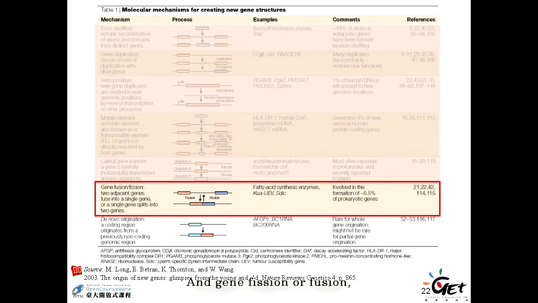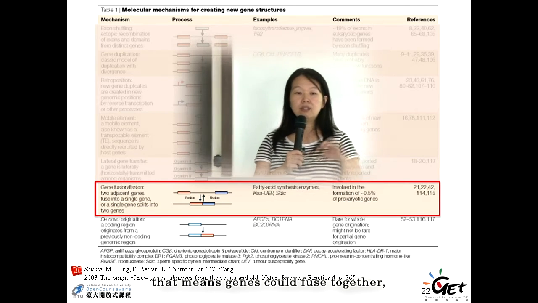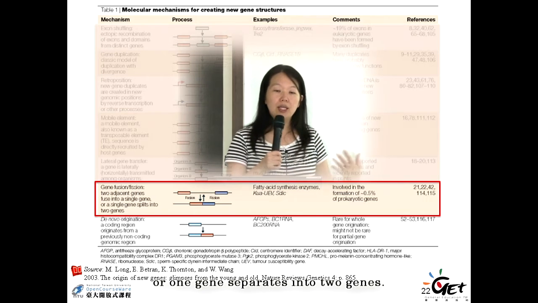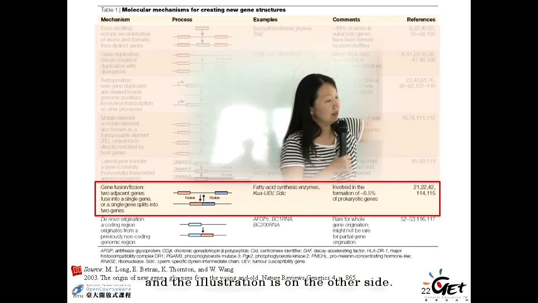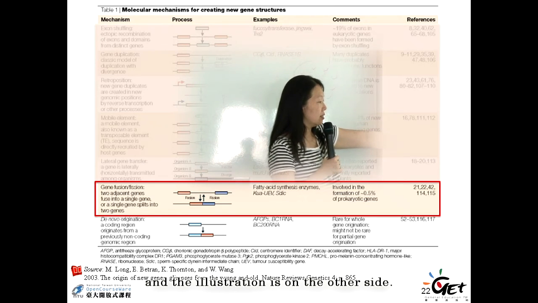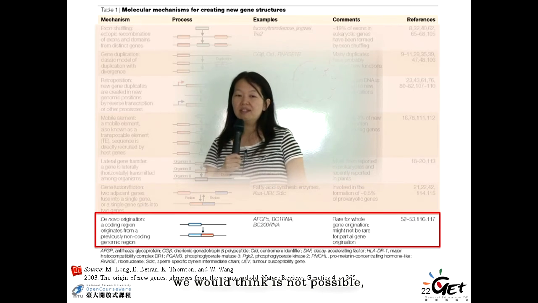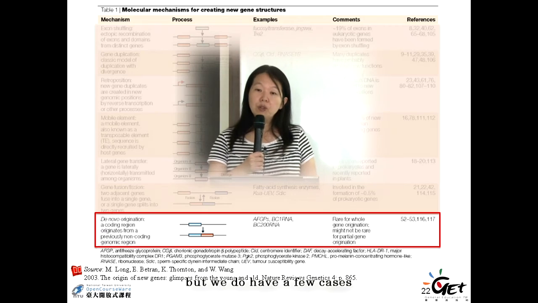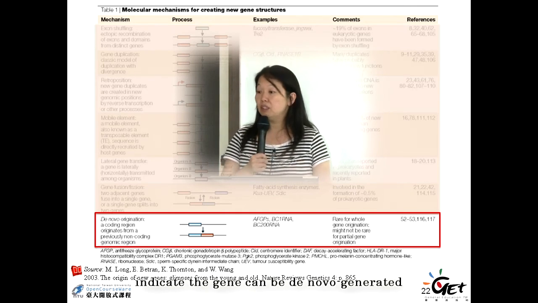And gene fission or fusion means two genes could fuse together to become one gene, or one gene could separate into two genes. So this is a mechanism, and the illustration is on the other side. And the other one, which we thought was not possible, but we do have a few cases, indicates a gene can be generated de novo.